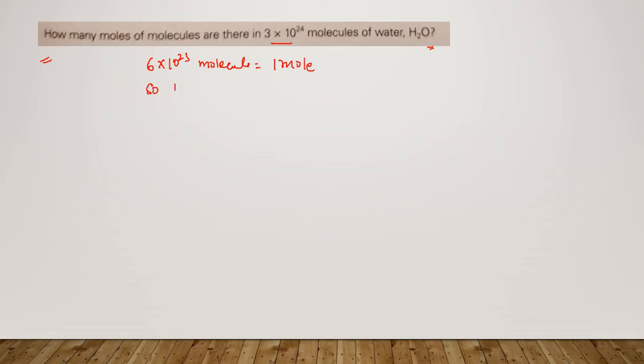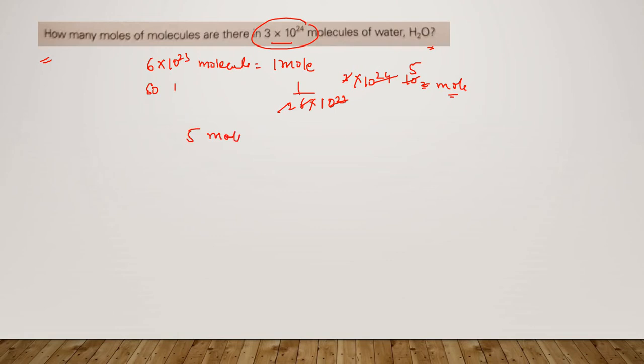So if you have 1 mole for 6 into 10 to the power 23, how many moles for this much? You can do a rough calculation here itself. This is your 10 by 6 roughly, so basically your answer should be 5 moles.